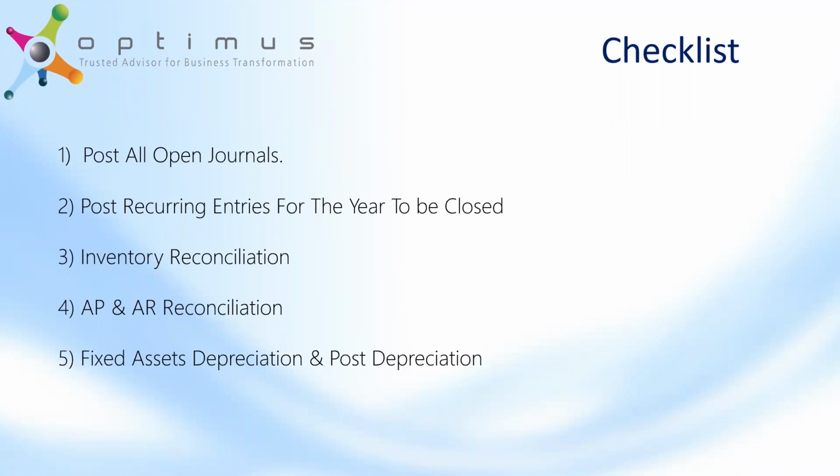And the last thing we're gonna be checking that will be important just for you, the customers that currently have the fixed asset module implemented, you will need to just post your depreciation and then close those values for all the types of assets that you have, not only the group of assets, but the services, the maintenance, the insurance to be paid.